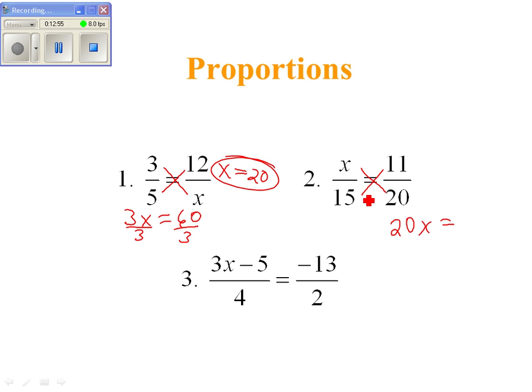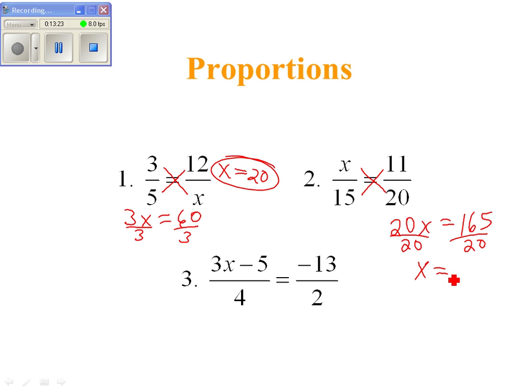Everybody do 11 times 15 in their head? 165. Do 10 times 15. What's 10 times 15? 150. Add another 15 to it. 165. This is going to be a little different too. Josh couldn't do this in his head because it didn't come out even. You end up with x equals, how many 20s are there in 165?